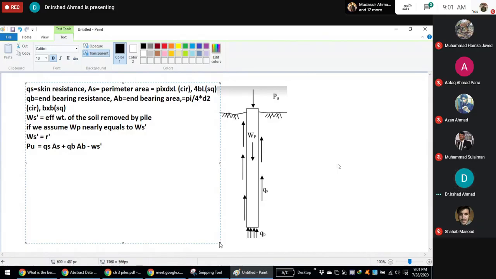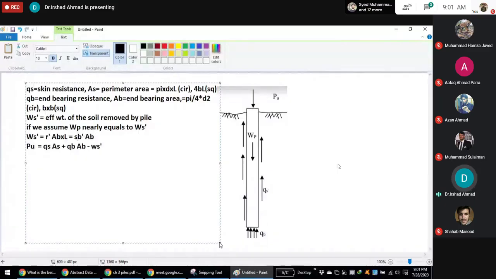So AB into L. But you remember that gamma prime into L is the effective overburden pressure at the base of the pile. Gamma prime into L into AB, you get this.